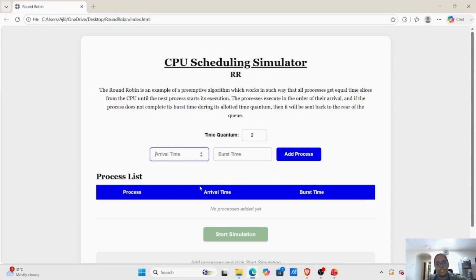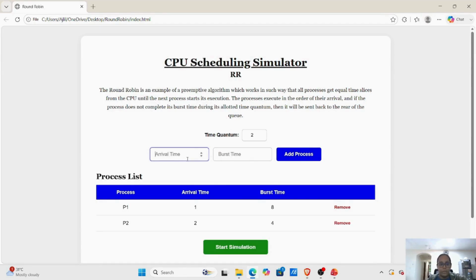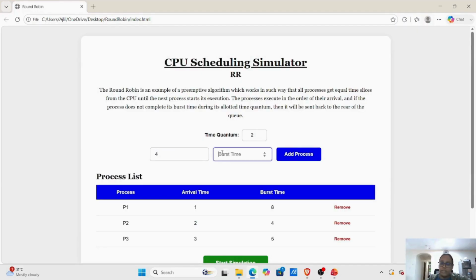In this simulation of ours, process 1 has a burst time of 8, process 2 arrives at 2 seconds with a burst time of 4, process 3 arrives at 3 seconds with a burst time of 5, and finally process 4 arrives at 4 seconds with a burst time of 3, for instance.